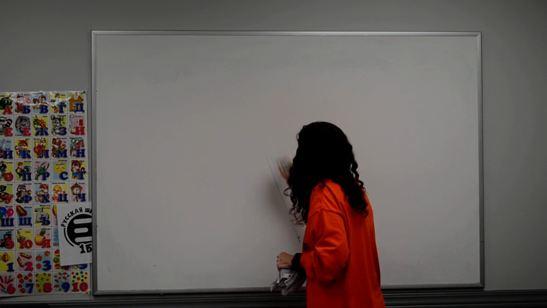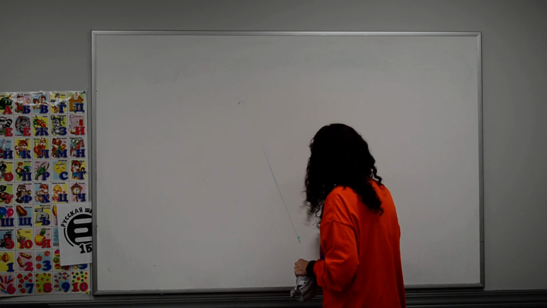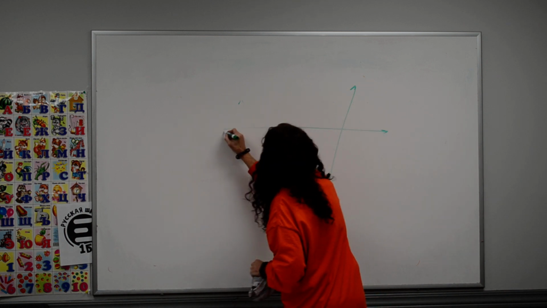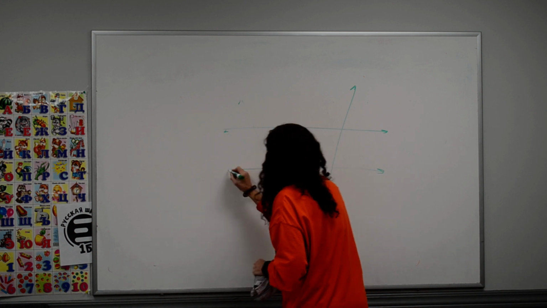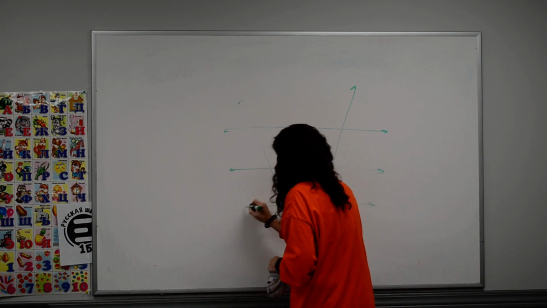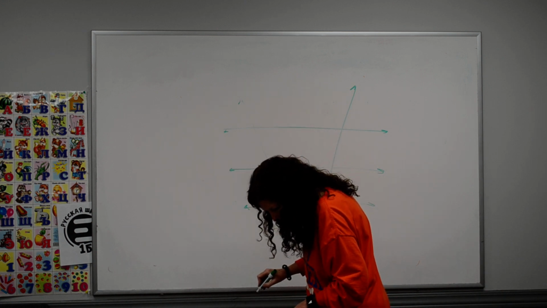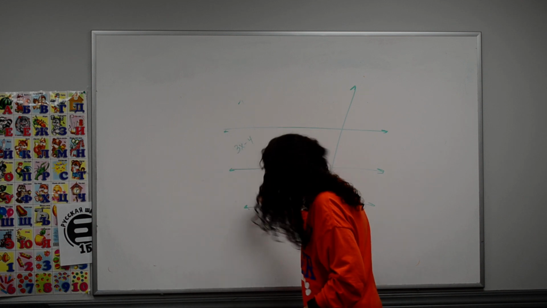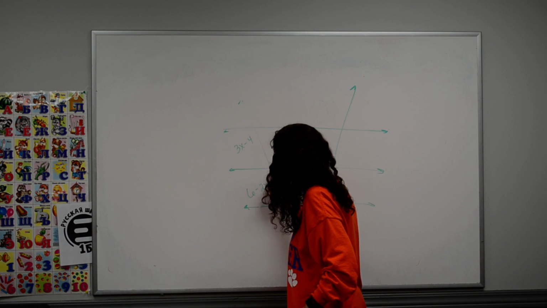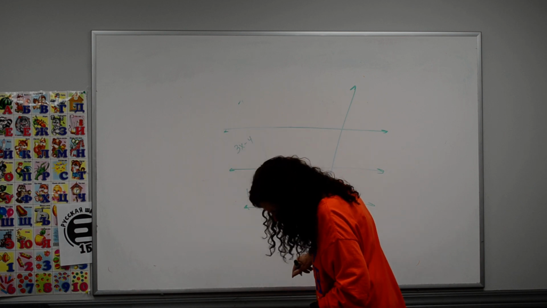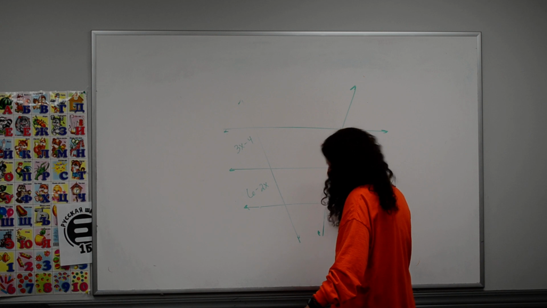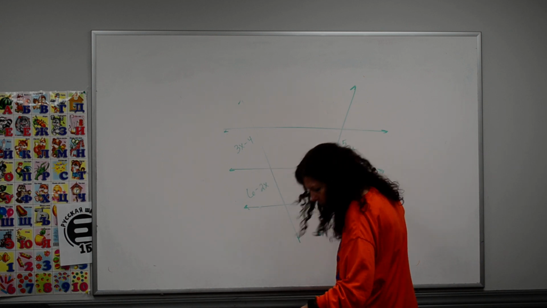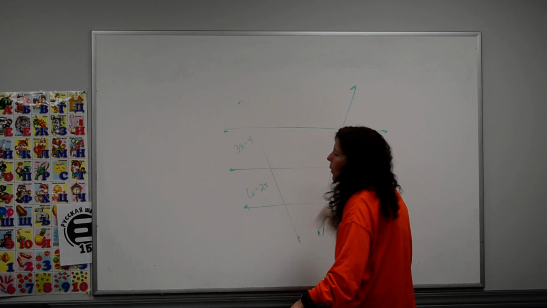Okay, here's my 2 transversals. And then I have 3 parallel lines. This is 3x minus 4. This is 6 minus 2x, and that's the line from there to there. This is 3y, and this is 5 over 3y plus 1.